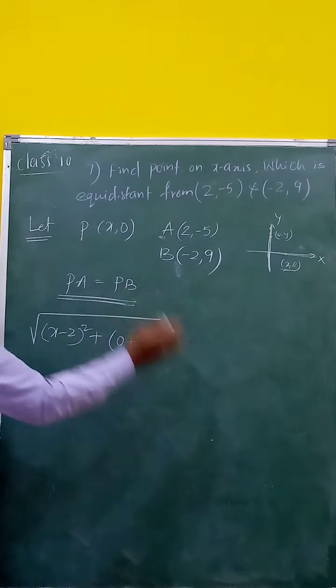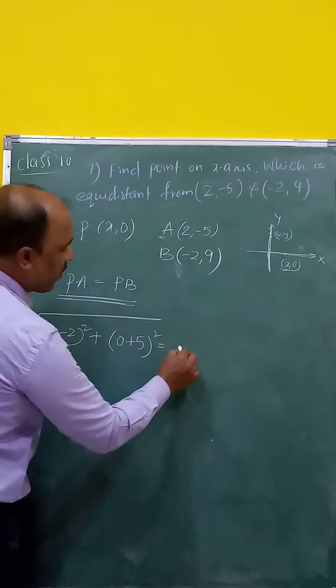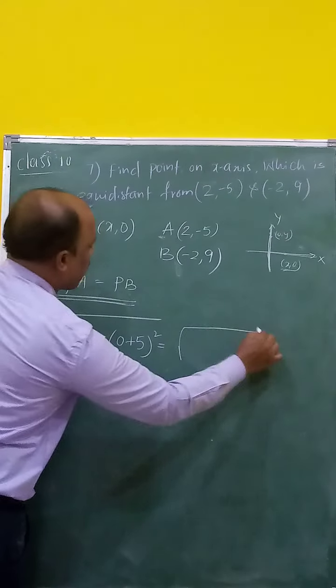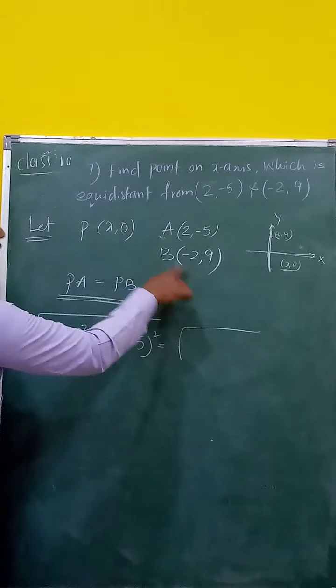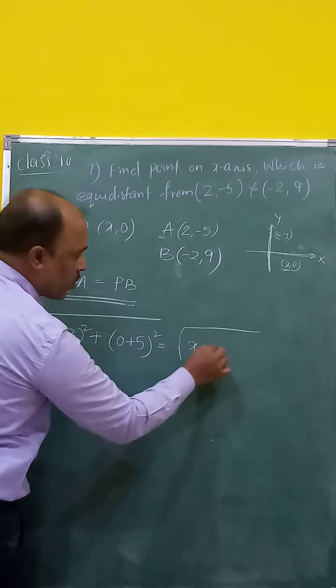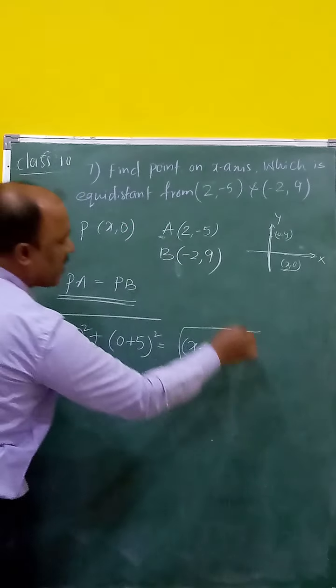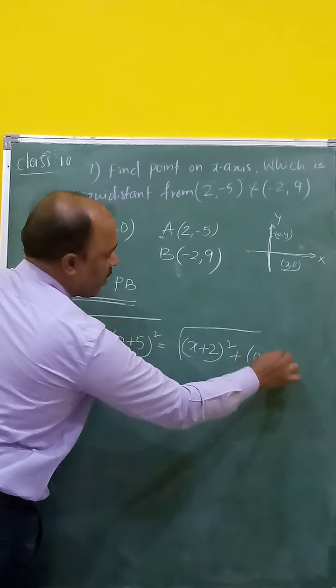That is the LHS. Now the RHS, PB. Directly under root of (x minus of minus 2, that is x plus 2) whole square plus (0 minus 9) whole square.